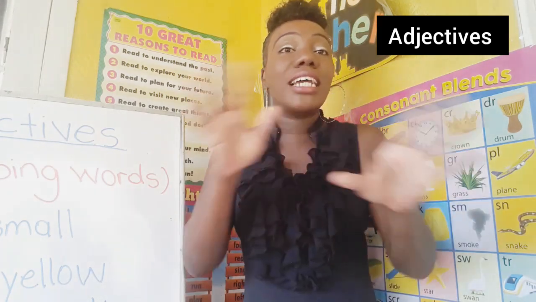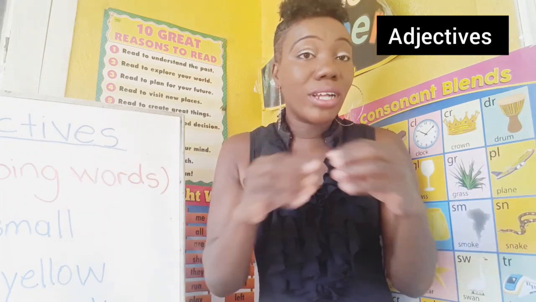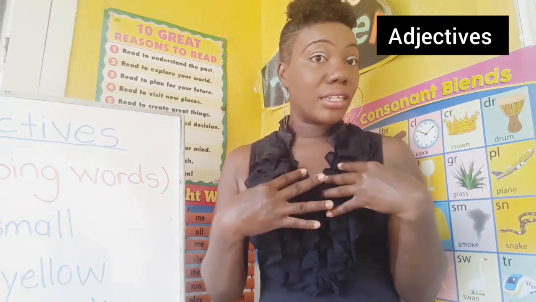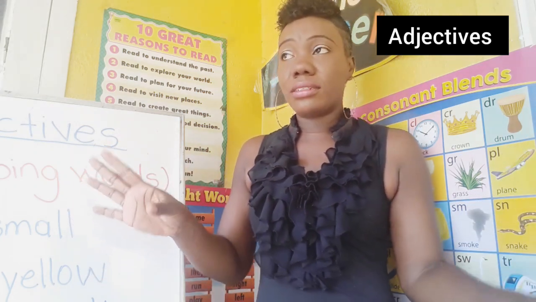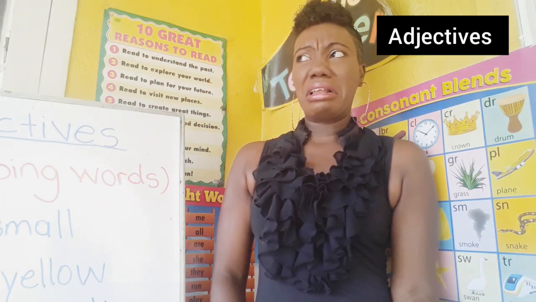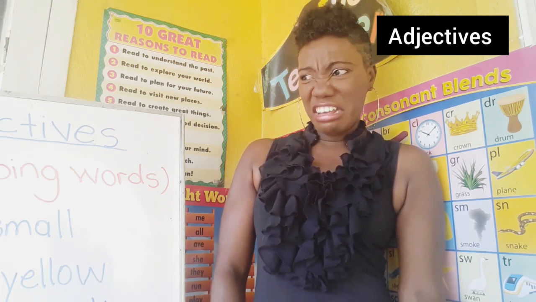So we use adjectives every day in our speech when we're talking. And we as Jamaicans, we love to talk about how people look. And we look at people and say, she's ugly. She looks so dirty.